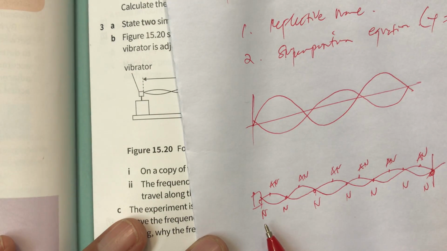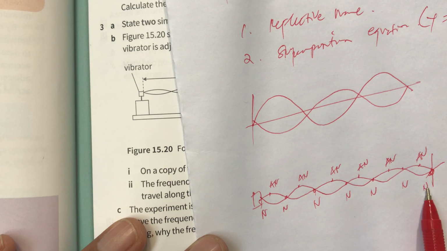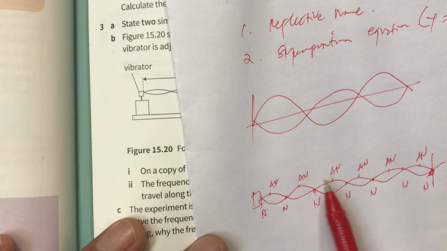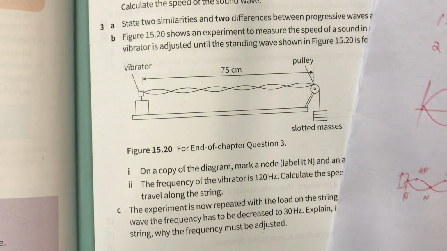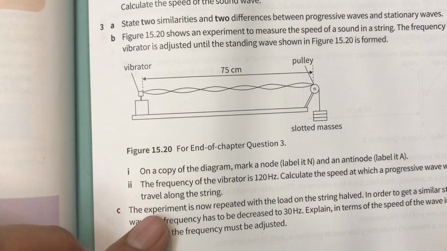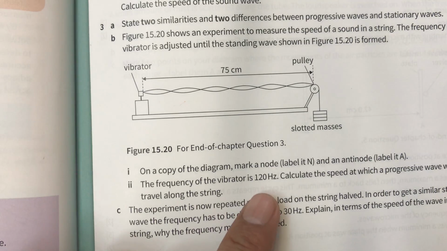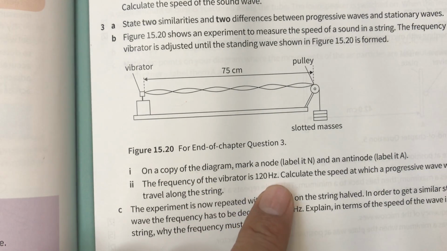So we have nodes 1, 2, 3, 4, 5, 6, 7 nodes, and 1, 2, 3, 4, 5, 6 antinodes.